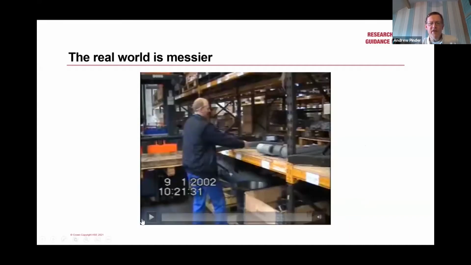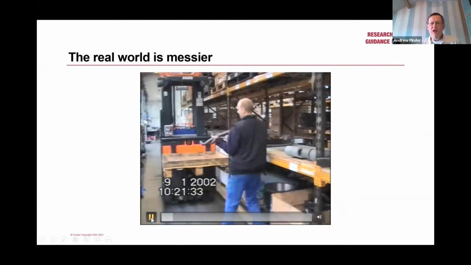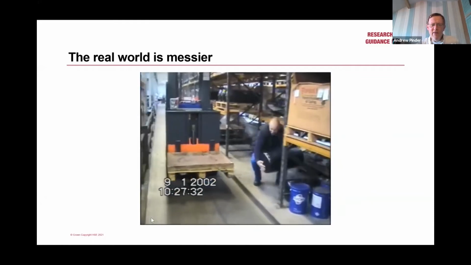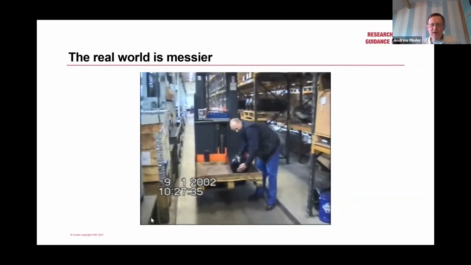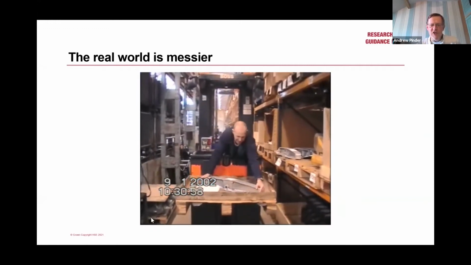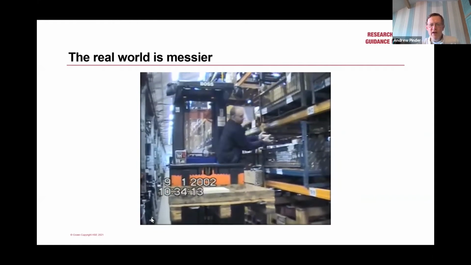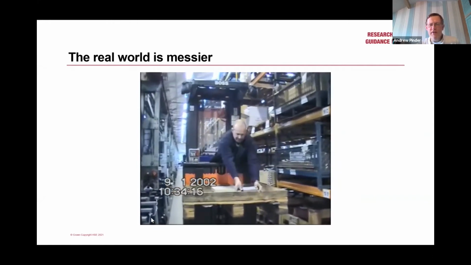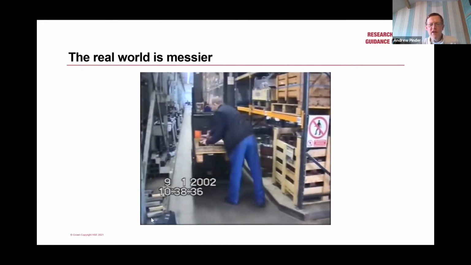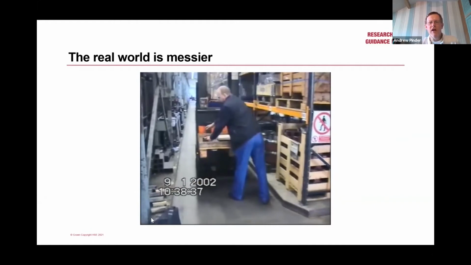Now, the problem is that the real world is rather messy when you get out into, say, a warehouse. These images are somewhat artificial, but you can see the variety of loads that the guy was handling, and the frequencies were not realistic, but for the purposes I needed the video for, that was okay.